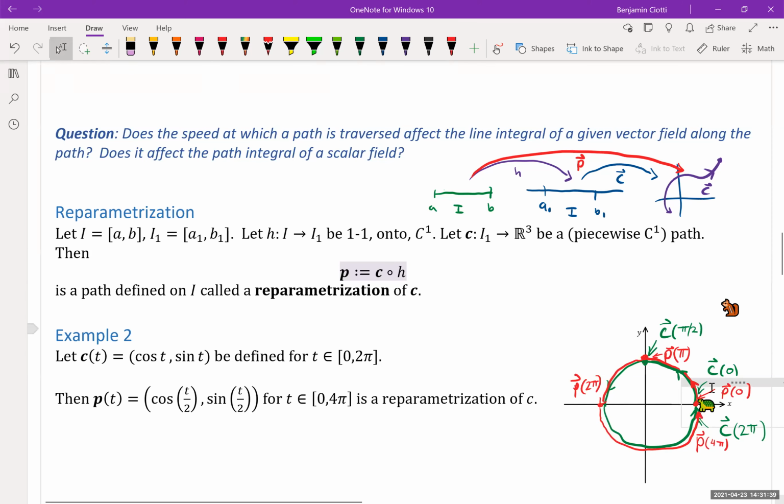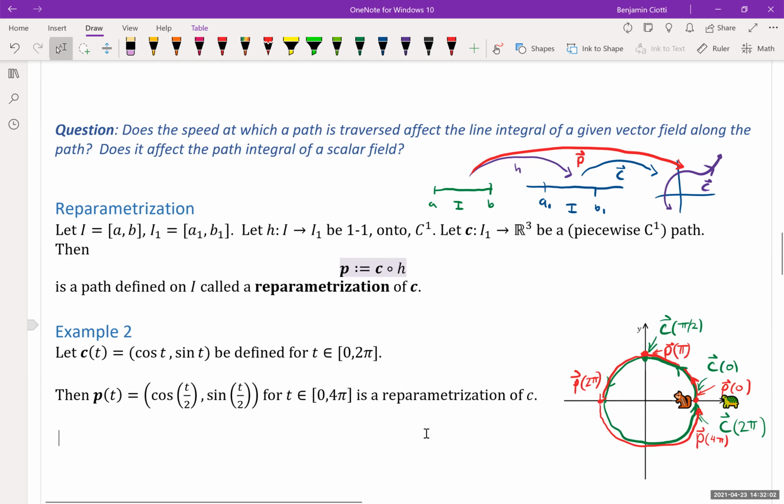So this path is like the first one, but moves at half speed. The second path is like the first one, except traversed at half speed. That's an example of a reparametrization.